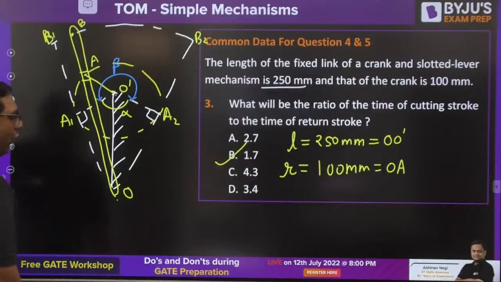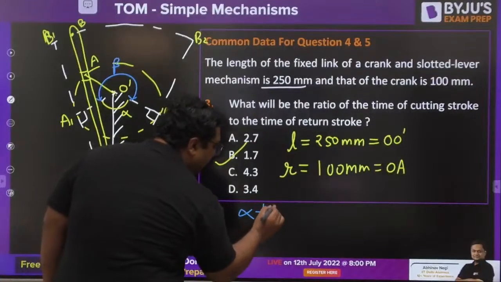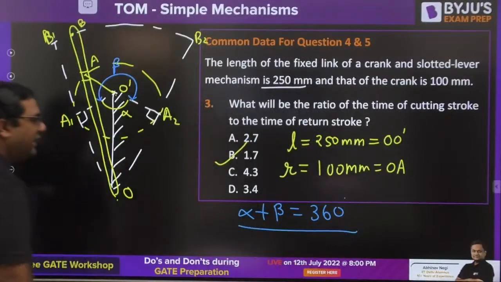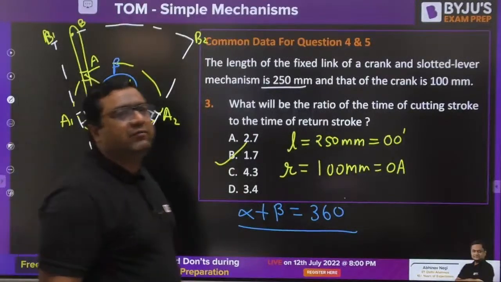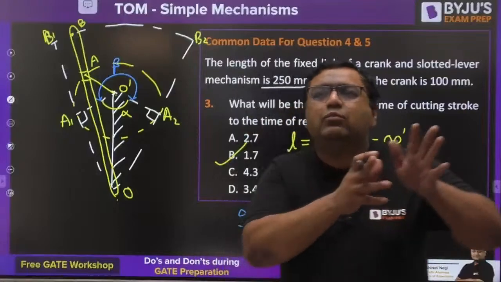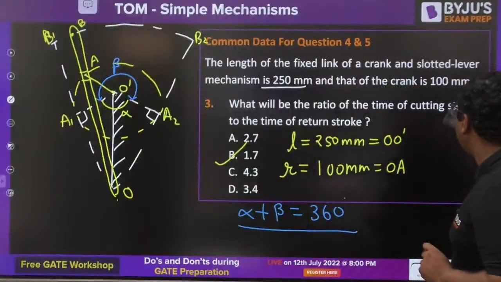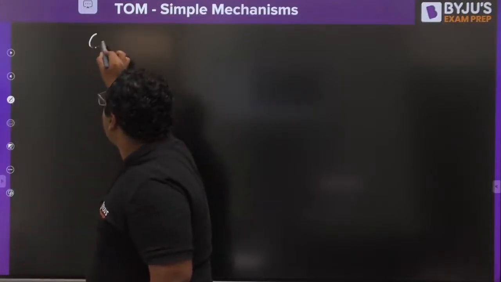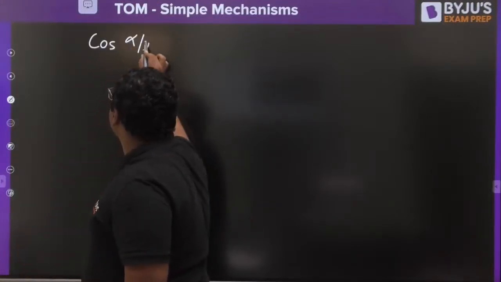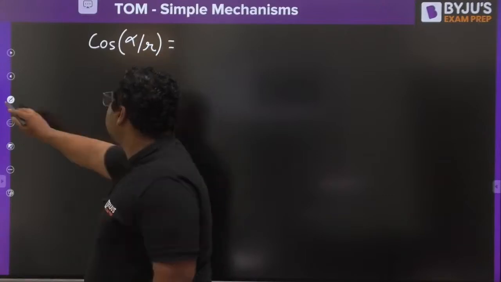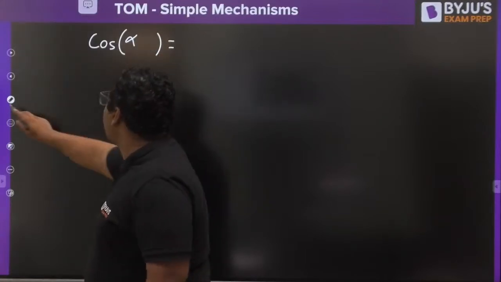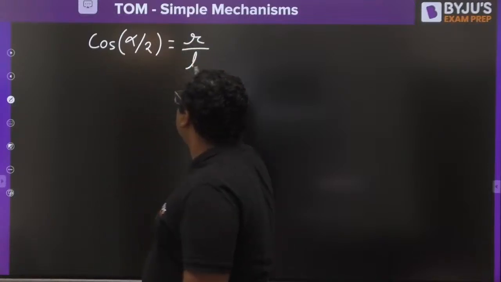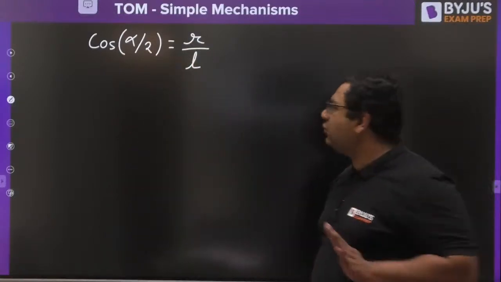You know one thing, that alpha plus beta is 360 degrees. So my dear, whenever you find a question on crank and slotted lever mechanism, how you shall move on, I am telling you, your first step for such a question will be this one. You will be writing cos alpha by 2. This we have discussed in the discussion of the derivations. Cos alpha by 2 is R by L. This is going to be your first step for the question.